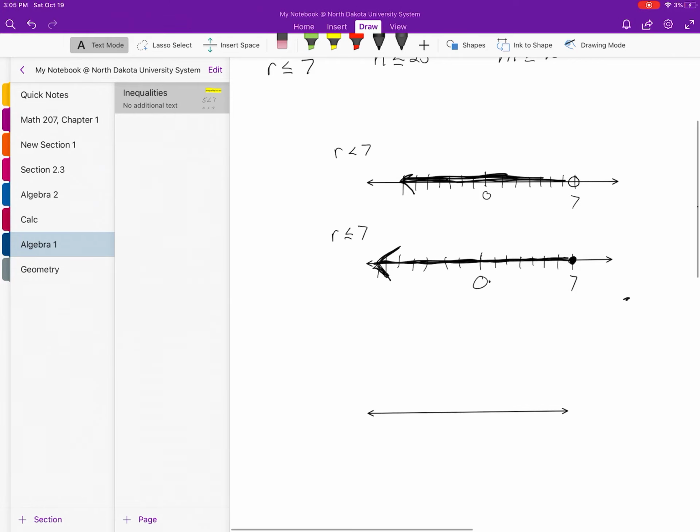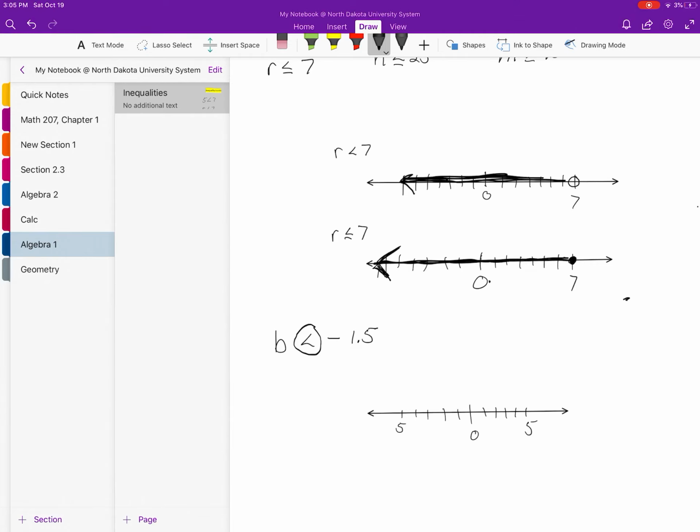Let's graph this guy. If we were to graph, say, b is less than negative 1.5, notice it's just less than, not less than or equal to, right? So it's not going to include the number negative 1.5. There's 0, 1, 2, 3, 4, 5.